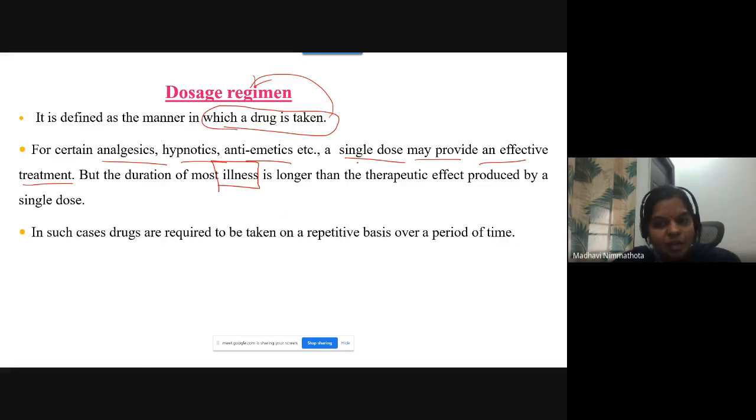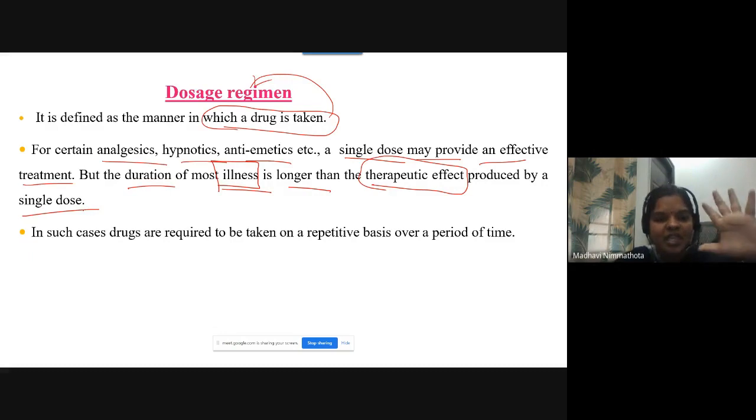For that, a single dose of the particular drug may treat it efficiently. The only thing is our duration of illness will be longer than the therapeutic effect produced by a single dose.